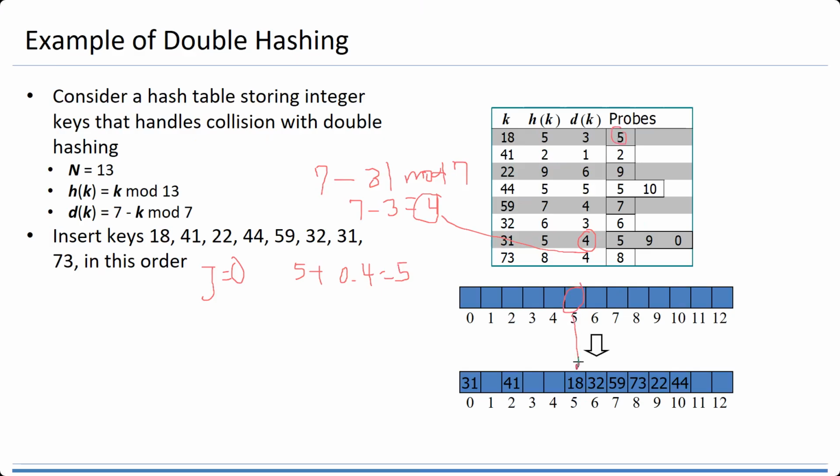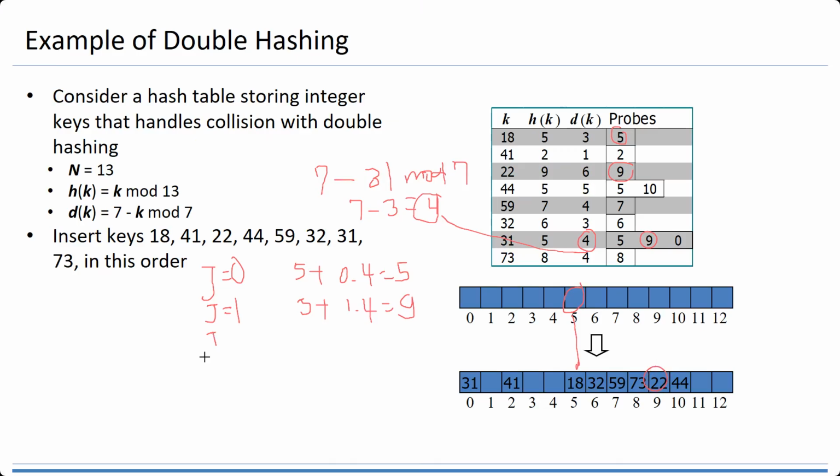Then we need to go to j equals 1. So 5 plus 1 multiplied by 4 equals 9. But 9 has been filled with 22. So what is the next?